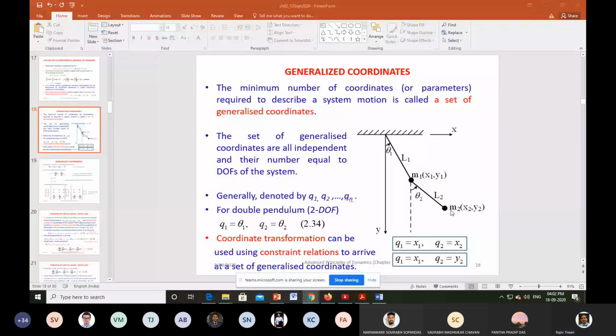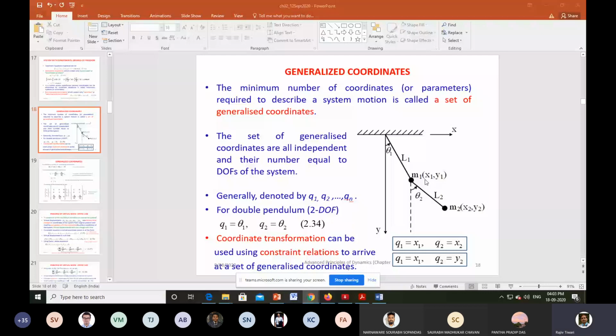We can have the coordinates of m1 as x1, y1, and of m2 as x2, y2. Also, we can have the orientation of the length L1 as theta1, and of the second pendulum, which is connected below it, as theta2. So we have many coordinates to choose from.